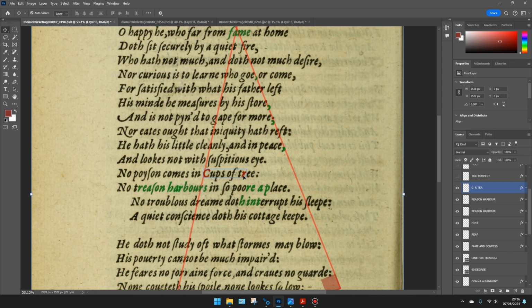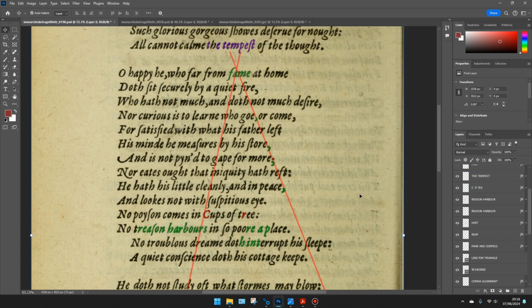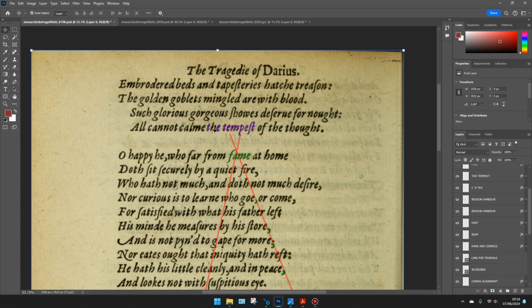And when you begin to think about that with a reason for a harbour, if we take a look at the top, it gives us The Tempest. Now, The Tempest is a rather famous Shakespearean play that was first printed in the Shakespeare First Folio.